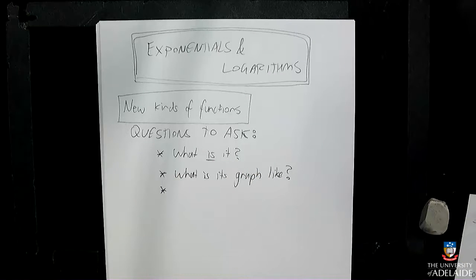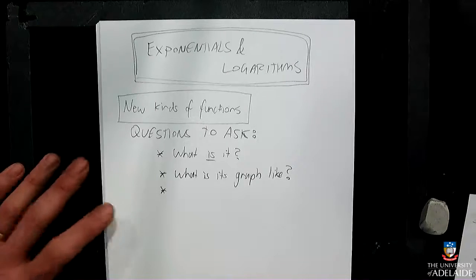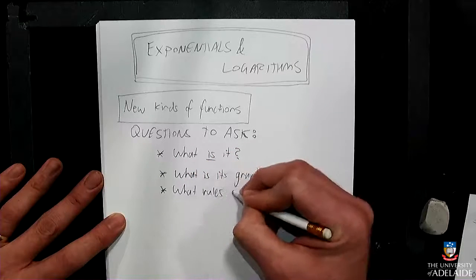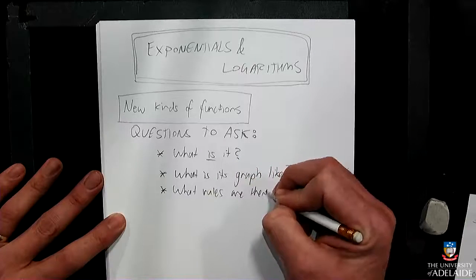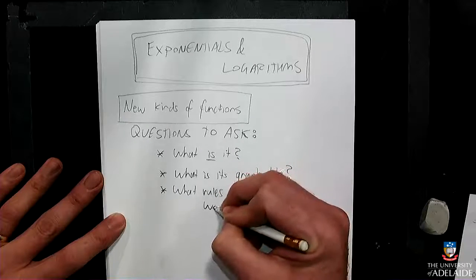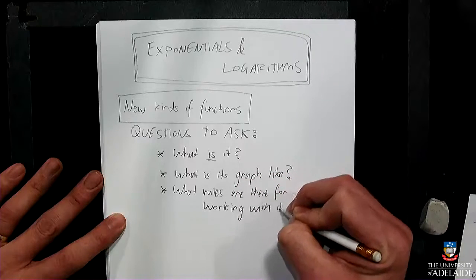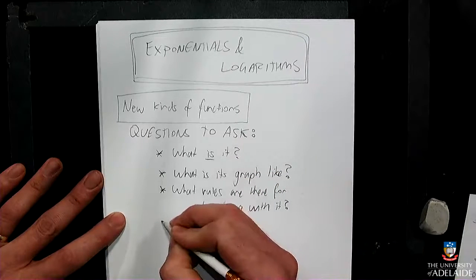And we should know what rules there are for working with it. So how does it interact with plus and minus times divide, those sorts of things. So what rules are there for working with it?